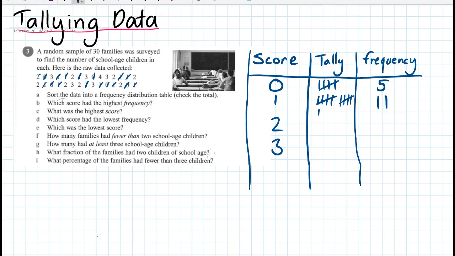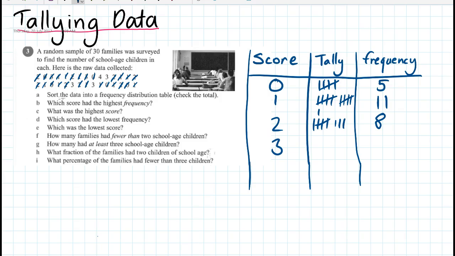And then the twos: 1, 2, 3, 4, 5, 6, 7, 8. That's 8 twos.